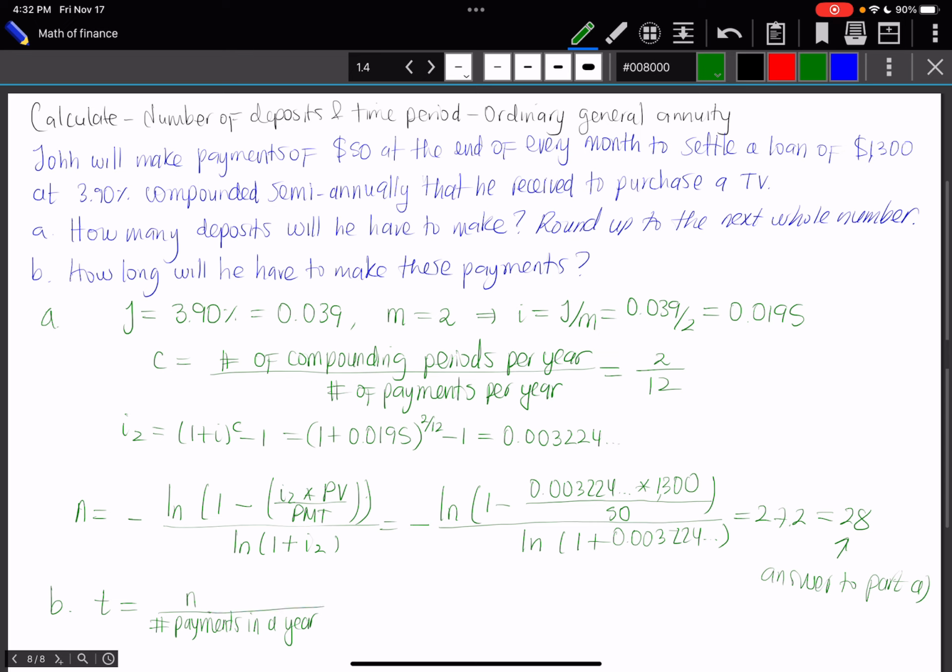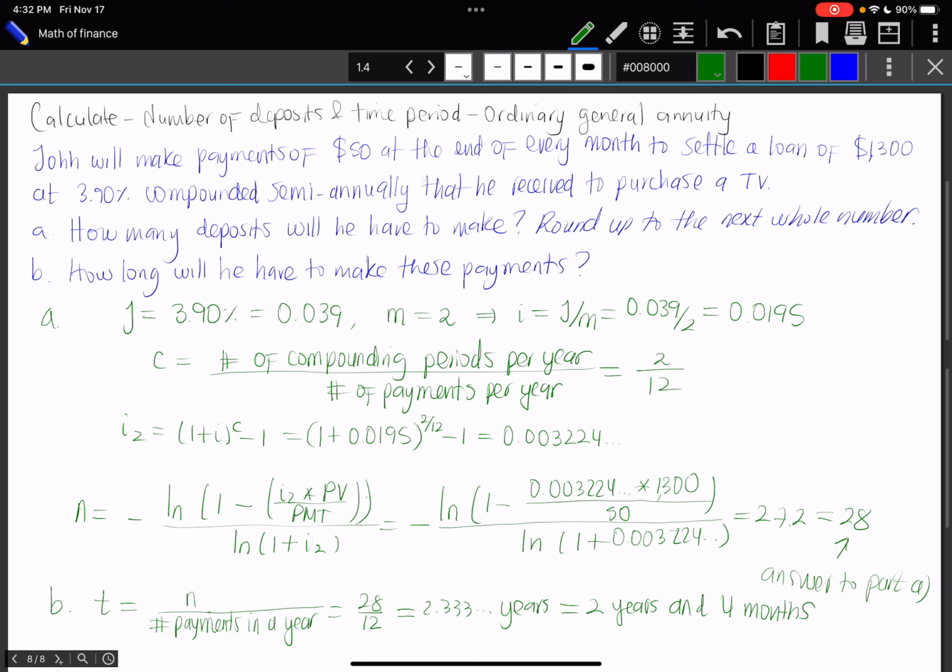So we have 28 divided by 12, and 28 divided by 12 corresponds to 2.333, etc. years, and that's 2 years and a third. In other words, 2 years and 4 months.